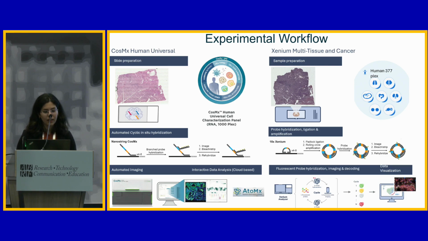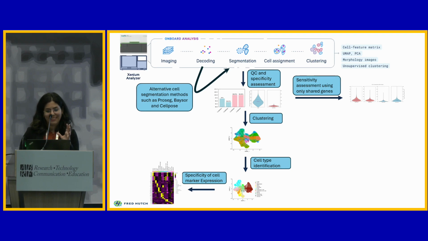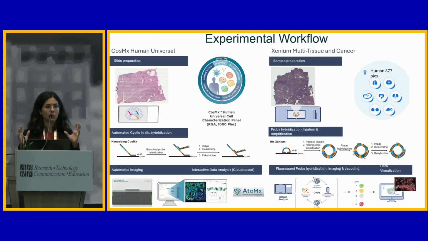So the way that they are different, for example, for the Cosmics, the data goes into their Atomics, which is a cloud-based platform, and if you don't have a computational person, you can get like the UMAPs from there, and all the analysis is done there. For the Xenium, on the other hand, you have all the analysis also done on the instrument, and you can get the raw data as well.